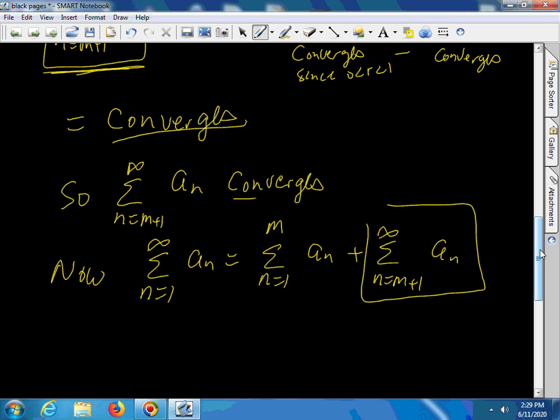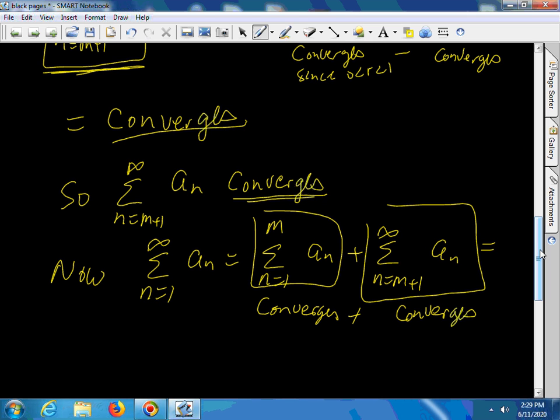Well, we just showed that this converges, and the sum of M numbers converges, and when you add them, the result converges. That is, if L is less than 1, this converges. I know, we just showed it. Let us go on to part B.